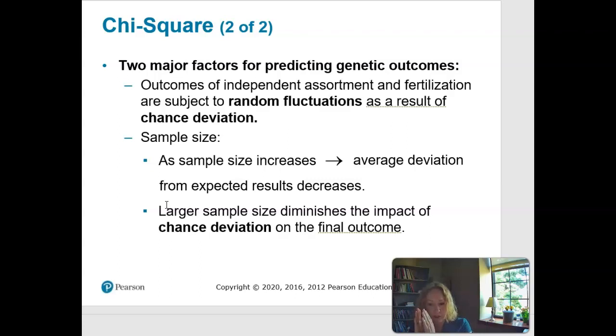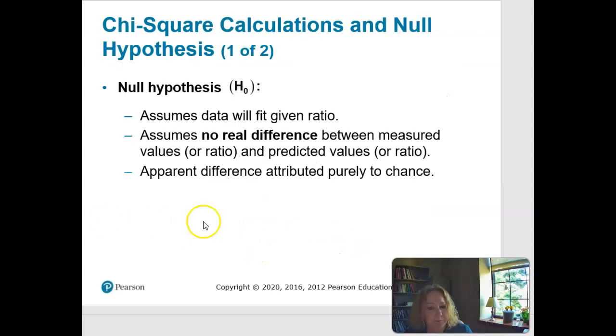So you've got 1,000 babies, you're going to look more like it's predicted. You've had 2 babies, I don't know. Does that make sense? So the larger the sample size, the more likely that your prediction is true, the more likely that your data is correct, and it's not just a chance deviation. So the larger your sample size, the better your data.